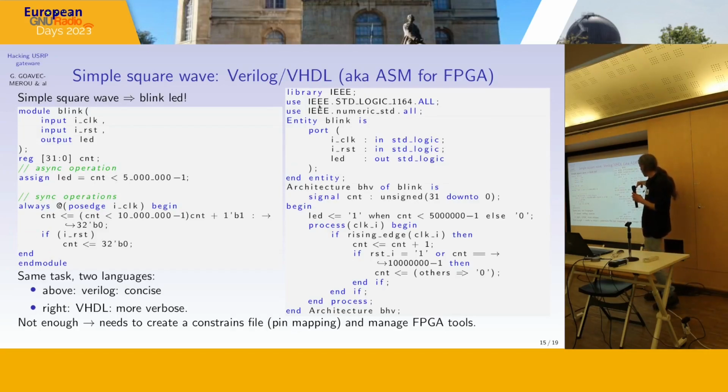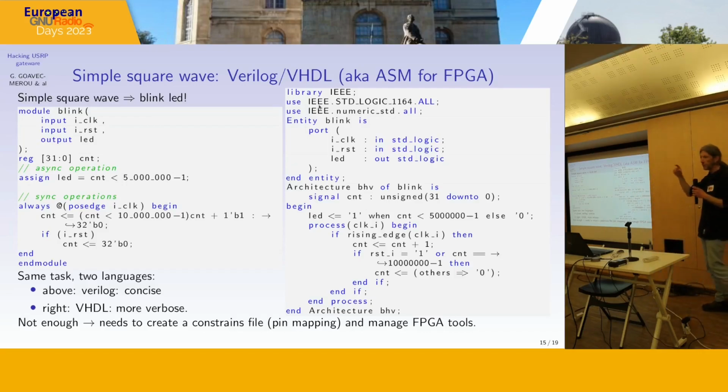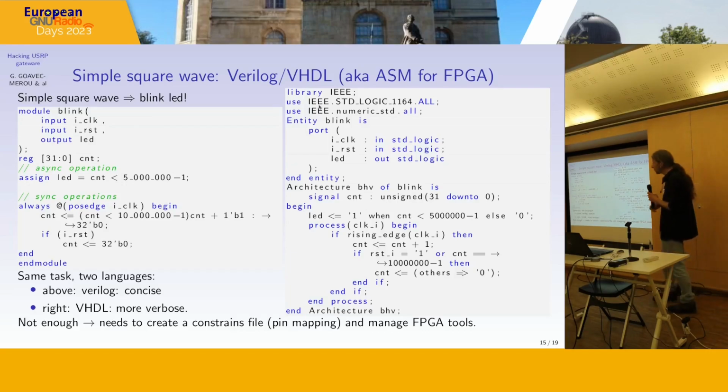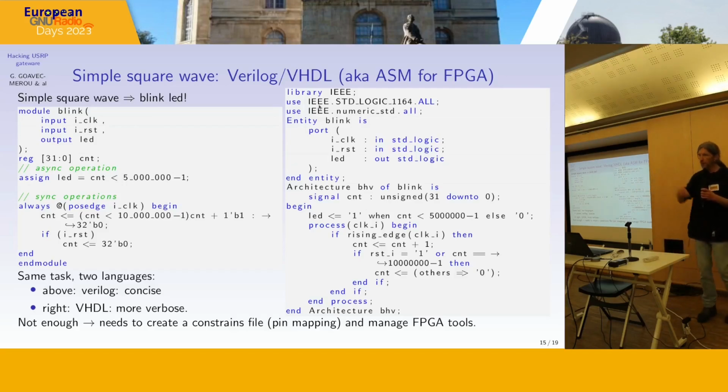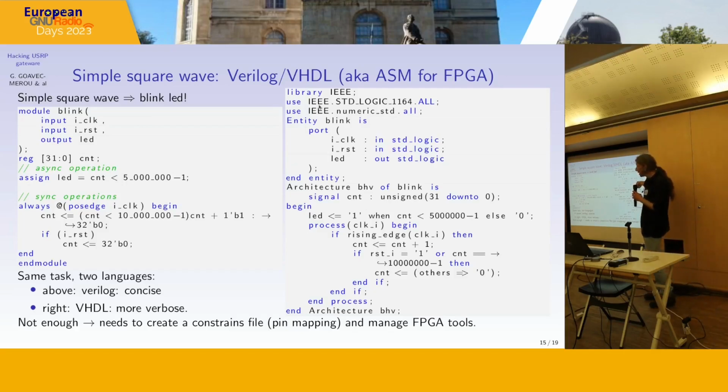With VHDL, there is a specific section of the file where all signals must be declared. It's sometimes boring when you have a big file, and you have to move from the end to the beginning, to the end, to the beginning when you have to add something. But anyway, this signal, again, is typed as unsigned.